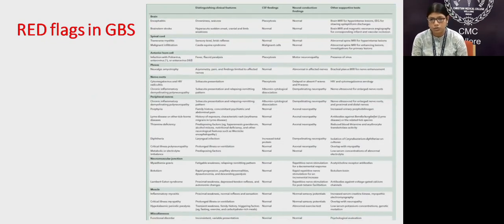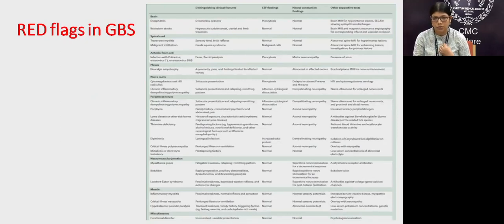So the differential diagnosis to keep in mind is encephalitis, brainstem strokes, especially if there is a Bickerstaff encephalitis presentation. Acute flaccid paralysis and transverse myelitis are important differential diagnoses to consider. Polyradiculitis, then CIDP, acute onset CIDP, and neuromuscular junction disorders can also present as an LMN syndrome, such as botulism or Lambert-Eaton myasthenic syndrome. And sometimes functional weakness also can present as an acute flaccid paralysis.